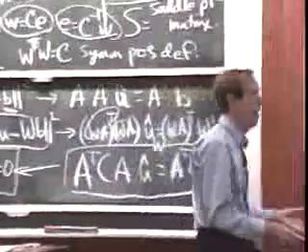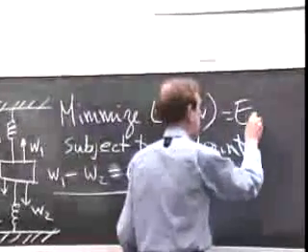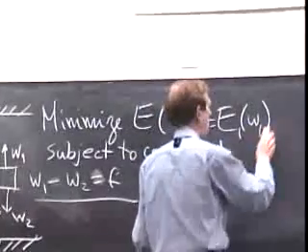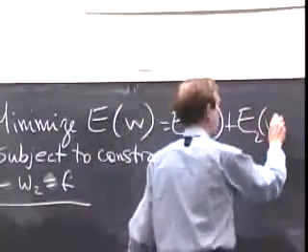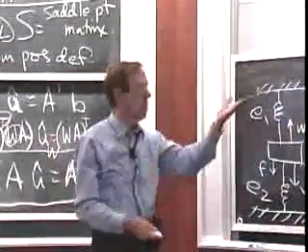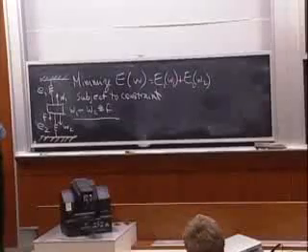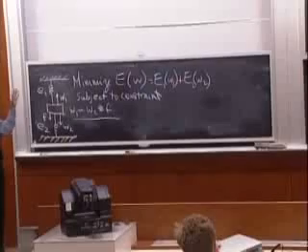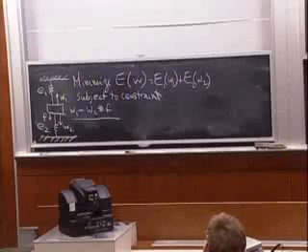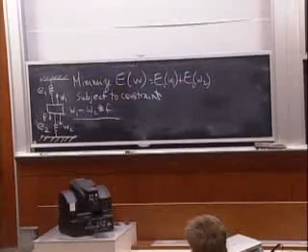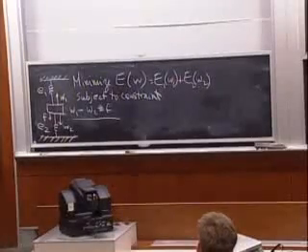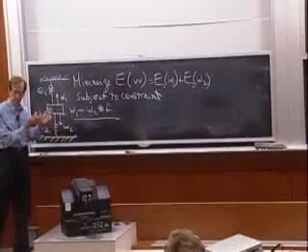It's like the energy in the first spring plus the energy in the second spring anyway, and of course the two springs could have different spring constants. I'll make life easy in solving if I choose Hooke's law, if I choose the energy to be just a square. And the constraint is linear, so that'll be the model problem.